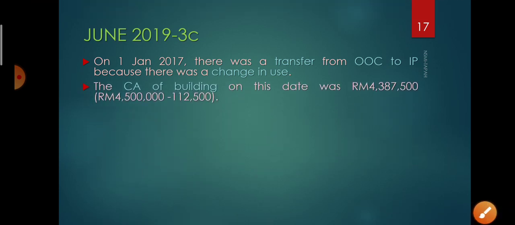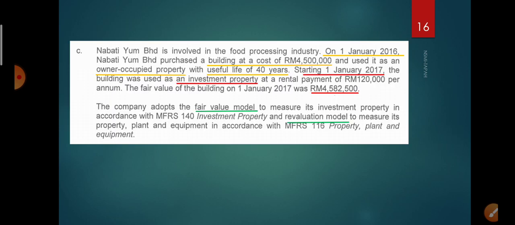Next, the carrying amount of the building on this date was 4,387,500. Alright, so how do you get the carrying amount? From the cost, you have to minus the accumulated depreciation, which is 112,500. You have to provide depreciation for how many years?